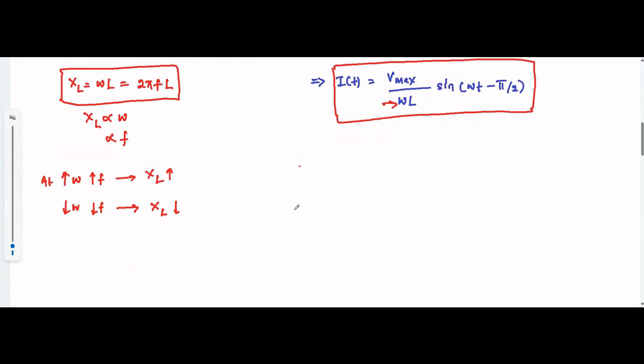Now, when omega is equal to 0, or F is equal to 0, XL will be equal to 0 into L, so it will be 0 ohm. 0 ohm means this inductor behaves as a short circuit.